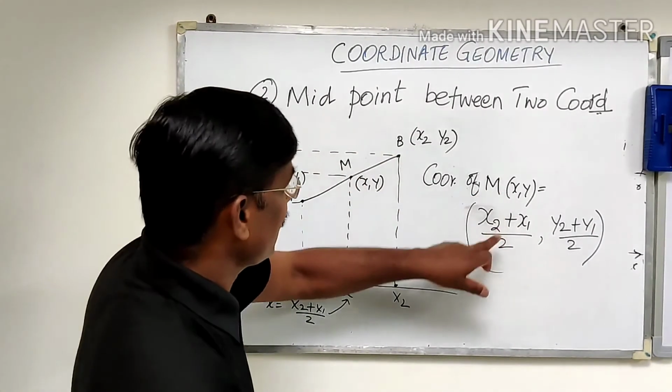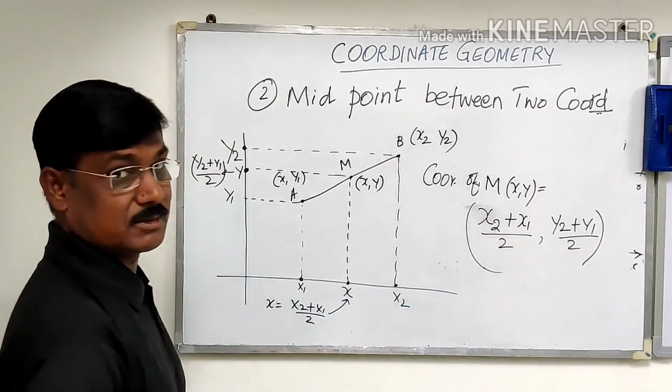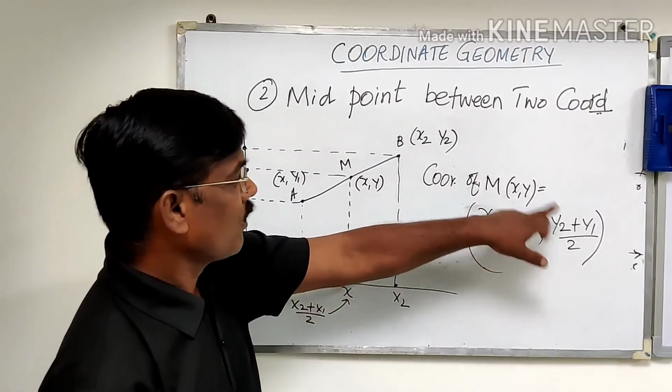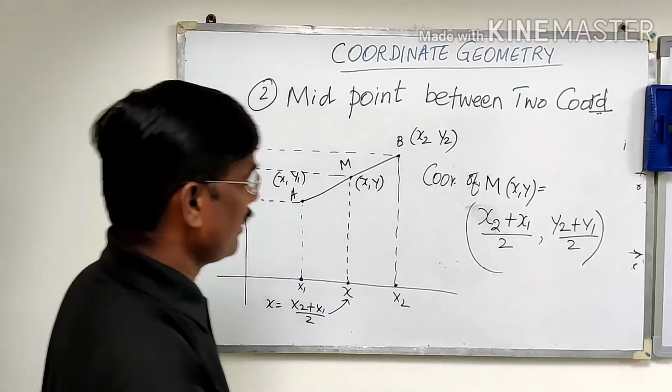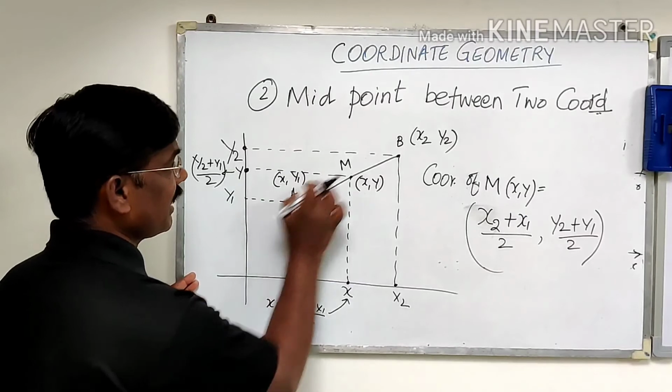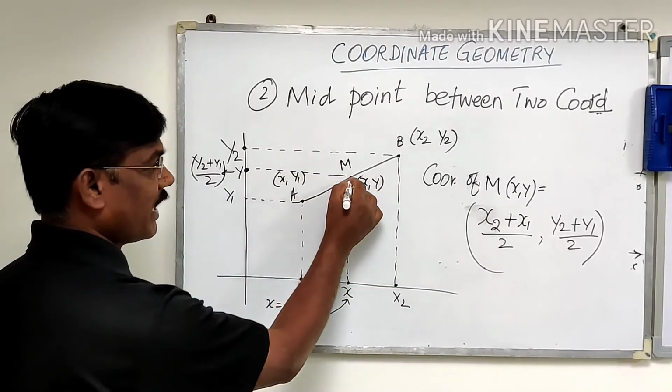So x coordinate is x2 plus x1 by 2, y coordinate is y2 plus y1 by 2. What are we given? We are given only the coordinates of A and B, that's all. We have to find the midpoint.